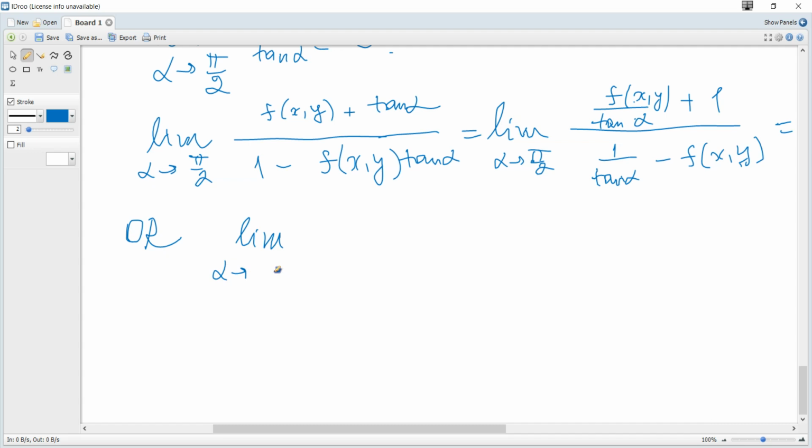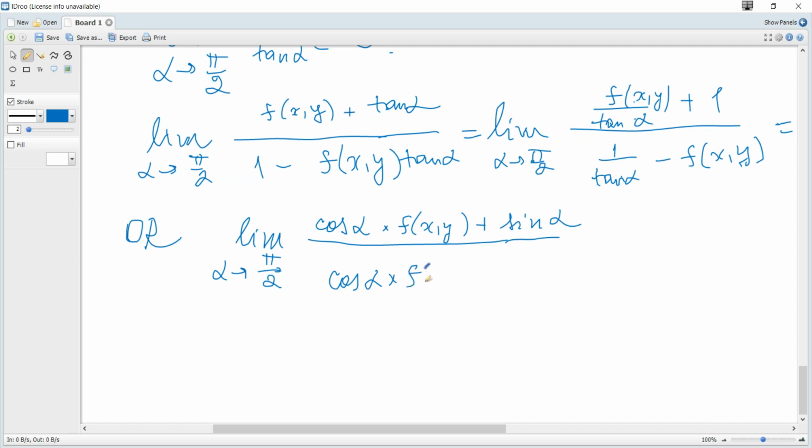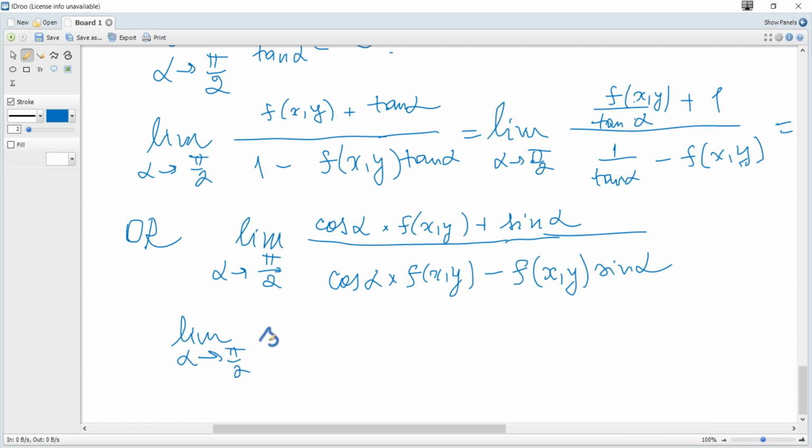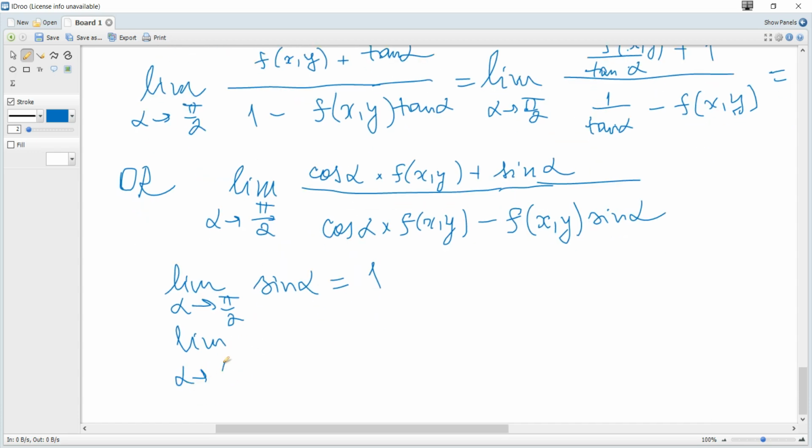We can represent tangent as sine over cosine, and multiplying each term by cosine we get cosine alpha times f plus sine alpha over cosine alpha minus f sine alpha, and limit when alpha tends to pi over 2 of sine alpha is just 1, and limit when alpha tends to pi over 2 of cosine is 0.